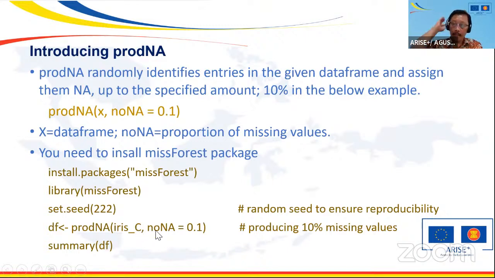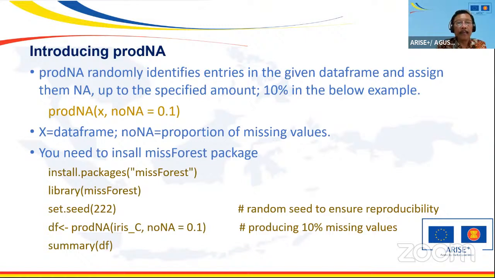Of course, you want to assign the NA randomly. So you want to draw a random index number, and then at this index number you put the NA. So you need to set the random seed, the initial random number, in order for you to be able to reproduce the same value, the same estimate.